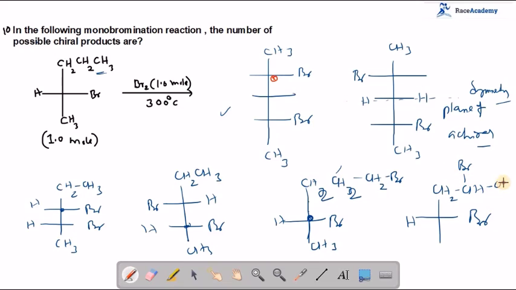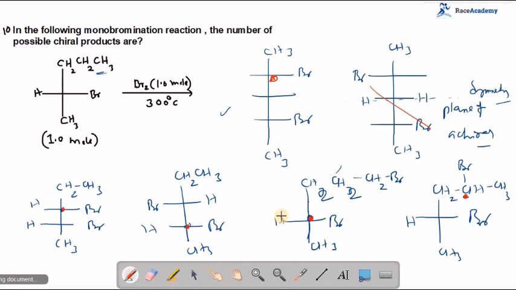This is CH3, here CH3. So this is another chiral center. So likewise, what are the possibilities? Here one chiral carbon, here one, here one, here one. We have noted here one chiral carbon. So leave about this one.